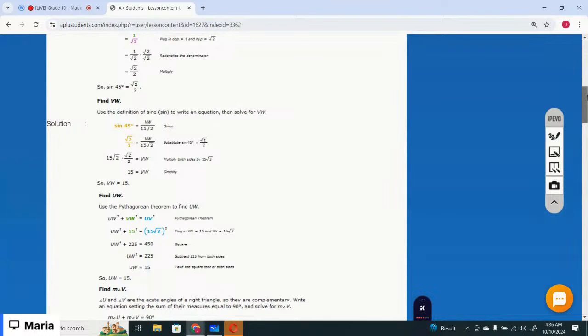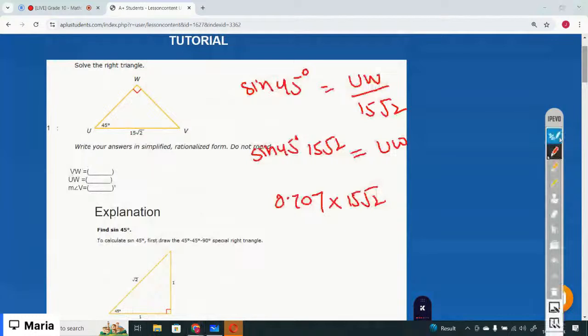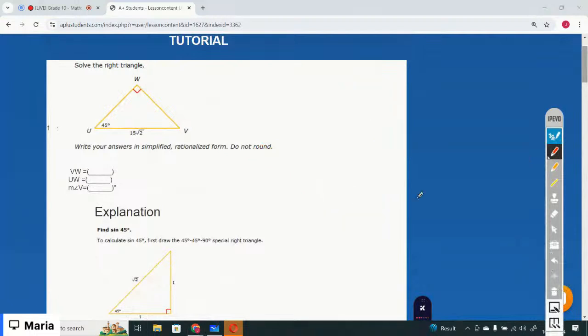Let me just multiply. Sine 45 degrees equals UW divided by 15 square root 2, and sine 45 is 1 over square root 2, right?